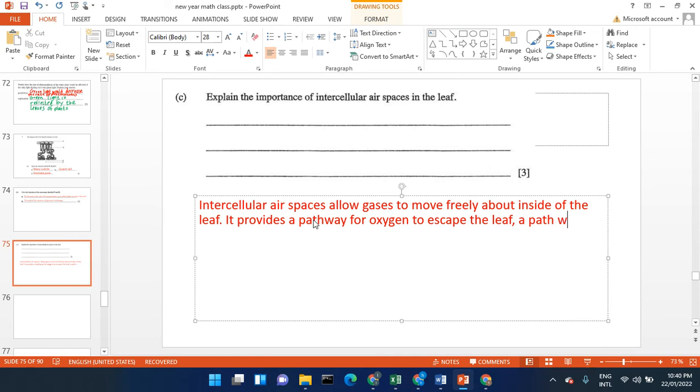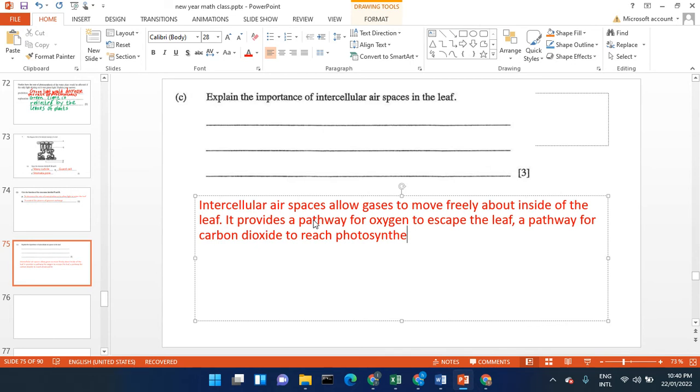It also provides a pathway for carbon dioxide to reach photosynthesizing cells. And we know that carbon dioxide is important for photosynthesis. Even though we human beings exhale carbon dioxide, it's actually good for the plant. It helps with photosynthesis.